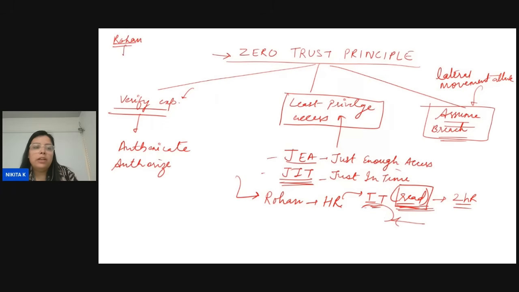Then there is one member, Mohit, who is working in HR and IT. Now I don't want it in my organization that from Rohan I can navigate to Mohit. So these kinds of attacks we need to stop. For that, we are using segmentation, encryption, and different methods of securing our identities. One of the Microsoft tools we are using is Defender.